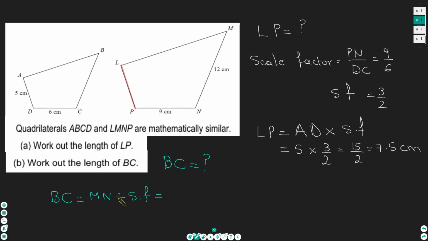In this case, I do division. So I divide 12 by 3/2. So I multiply 12 by 2/3. And this gives me 4 times 2, 8. So 8 centimeters. So the side BC is 8 centimeters.